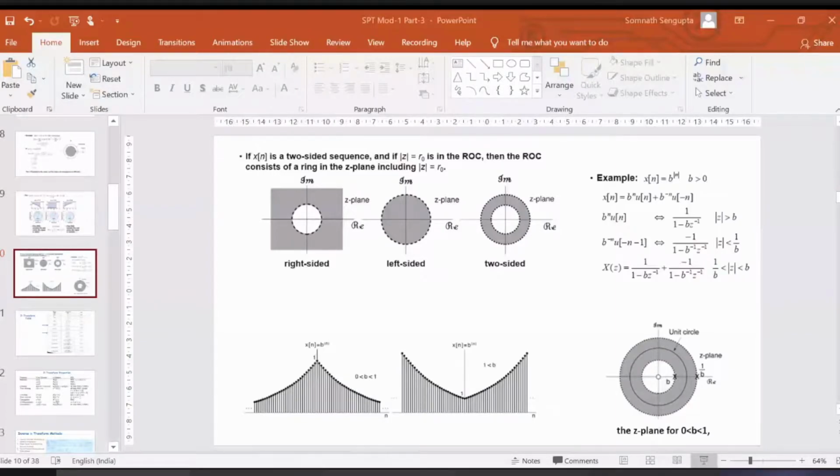So we get the Z transform as 1 by 1 minus b z inverse plus minus of 1 minus b inverse z inverse, and the ROC is mod z less than 1 by b and greater than b. Here that thing is wrongly written, because z is greater than b, so it is just opposite.